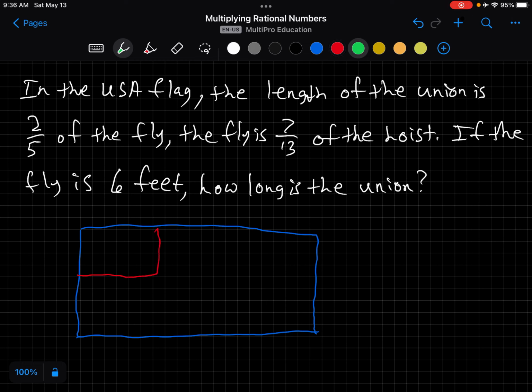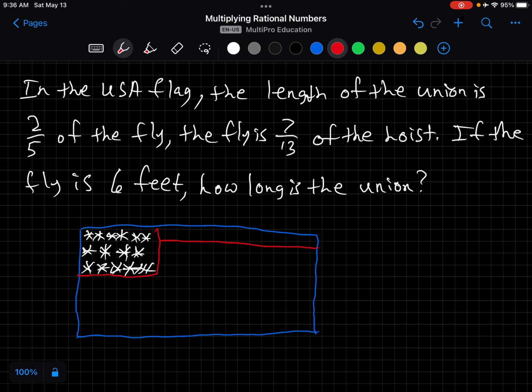And we have this part up here at the top left. And if you remember, it has, let's draw it white, all these stars. Lots of stars. 50 of them today. That wasn't always the case, but as we added states. I don't have room for 50, but you can imagine there's 50 there.